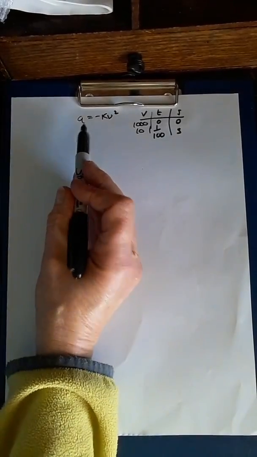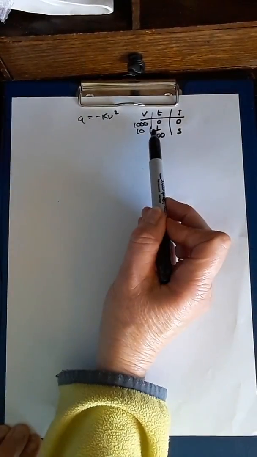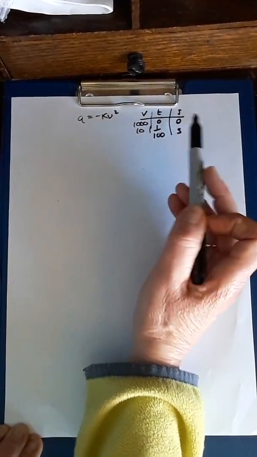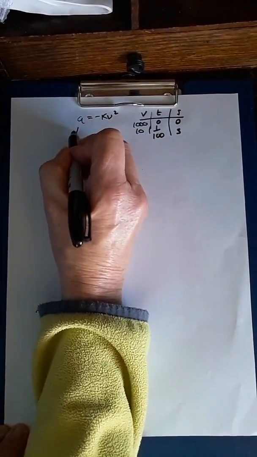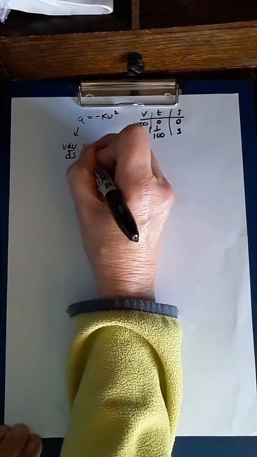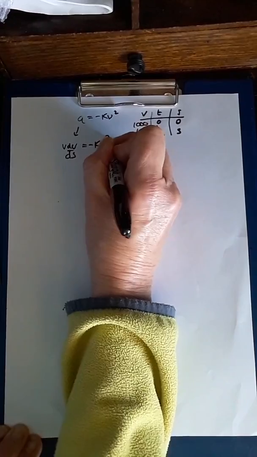This is my starting equation. I used this to give me k, so now I'm going to use v and s so that I can get s in here. So to get s in, this is going to become v times dv/ds is equal to minus kv squared.